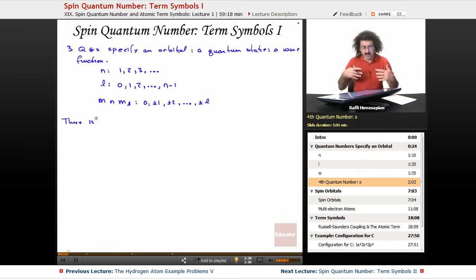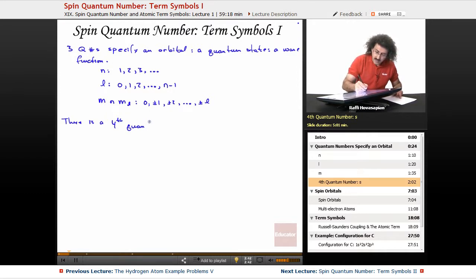But I don't want to unload a bunch of unnecessary information at this point. So for right now, just know that there is this fourth quantum number. It's designated small s, and it is called the spin.